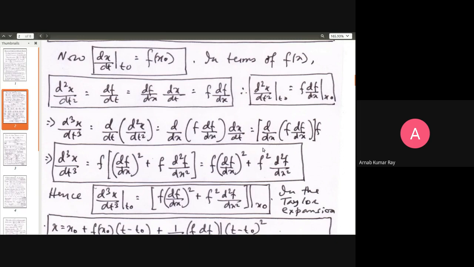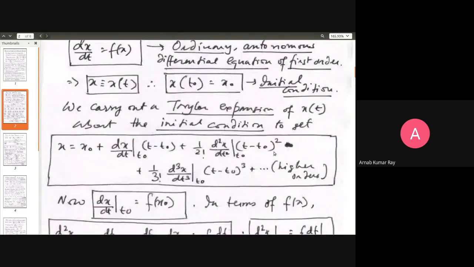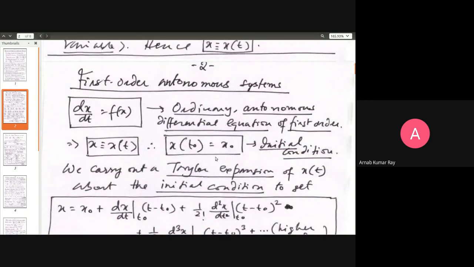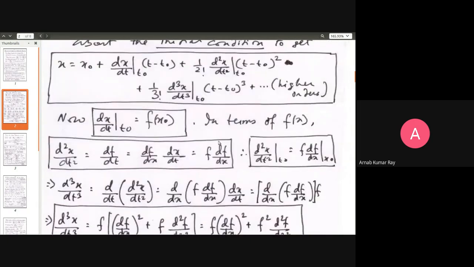So basically, I'm writing all the derivatives of x with respect to t of any order in an autonomous form. What do I mean by an autonomous form? Without the involvement of time. Time is the independent variable of the system, but f or derivatives of f should not contain time. So that way I will have the advantage of knowing what these derivatives are.